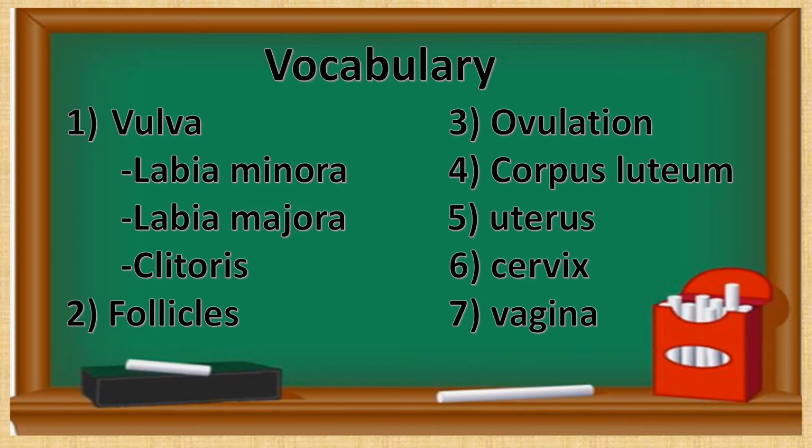The next word is uterus. Uterus is spelled as U-T-E-R-U-S, uterus. Next is your cervix. Cervix is spelled as C-E-R-V-I-X, cervix. The last one is your vagina. Spell the word vagina, so V-A-G-I-N-A, vagina.